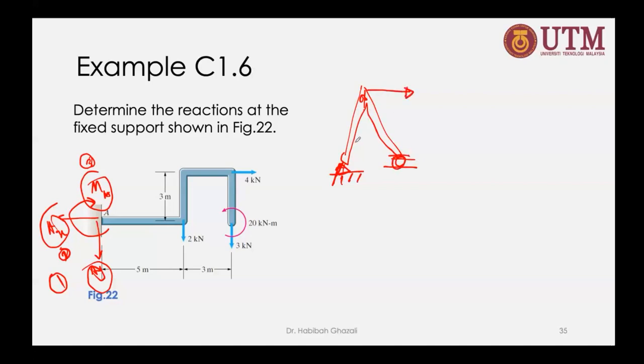Sometimes you can see that here you have X and Y, and here you only have X: AY, AX, and here you have BY. So you have three unknowns, and you have 3 equilibrium equations. So you don't have to dismember this. You can solve it straight away, because whatever happened here, it will cancel each other. So not necessarily when you have, I will give you one question.